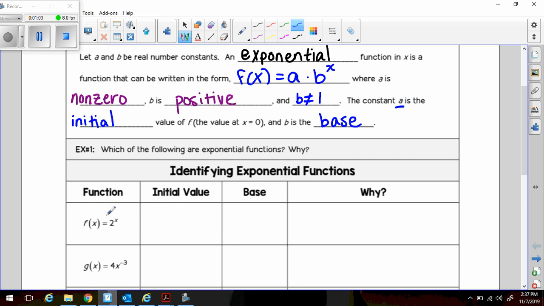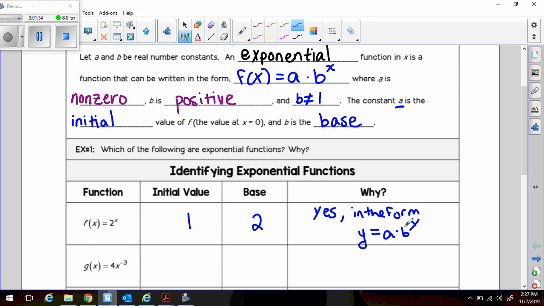If there's no number in front of the base, then it is 1. The base is the number that has the variable as an exponent, so my base is 2 in this case. So yes, it is an exponential function. Why? Because it's in the form y equals, or f of x equals a times b to the x.